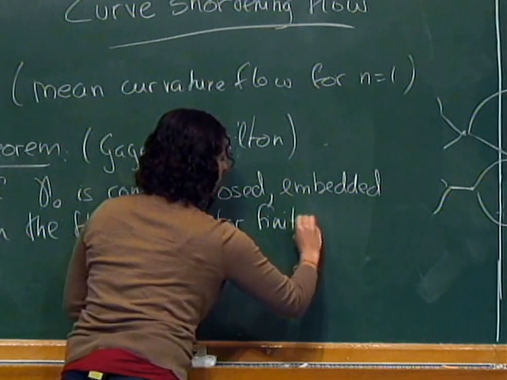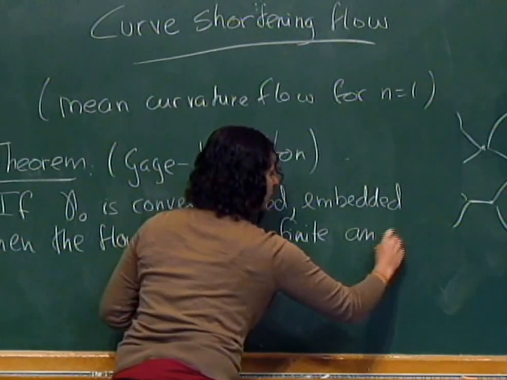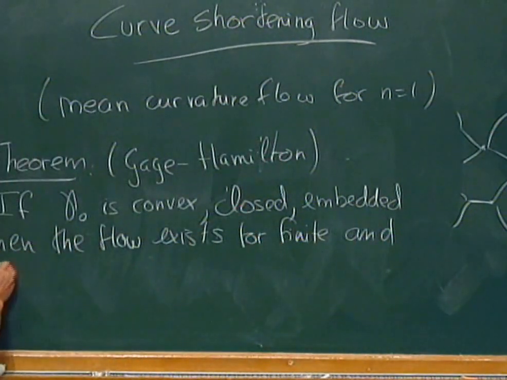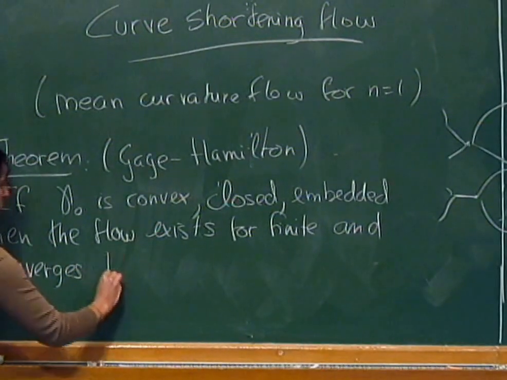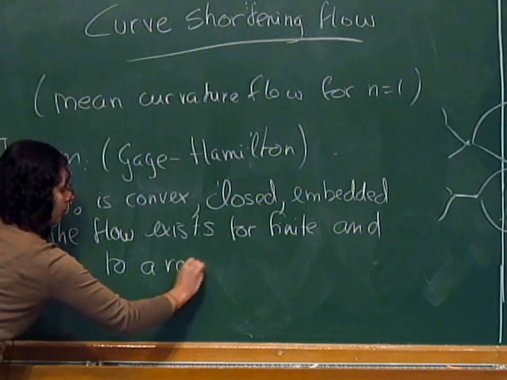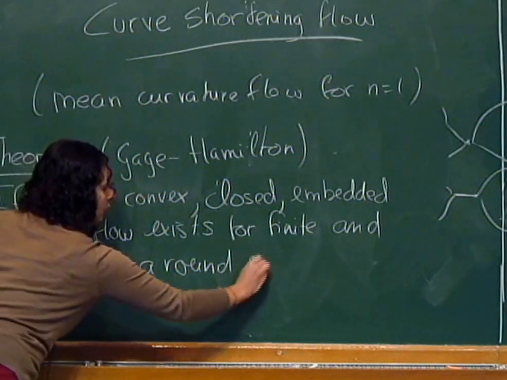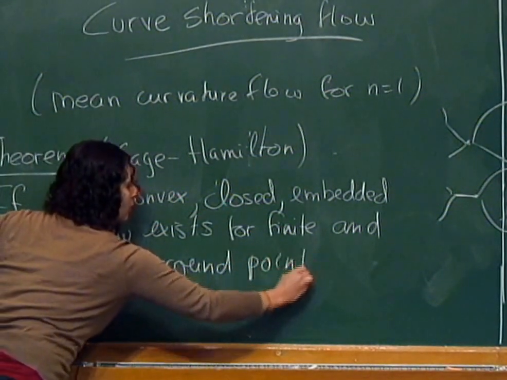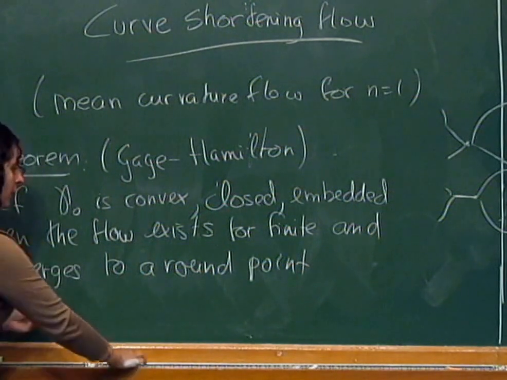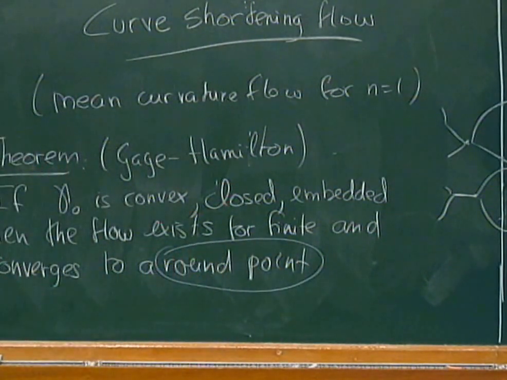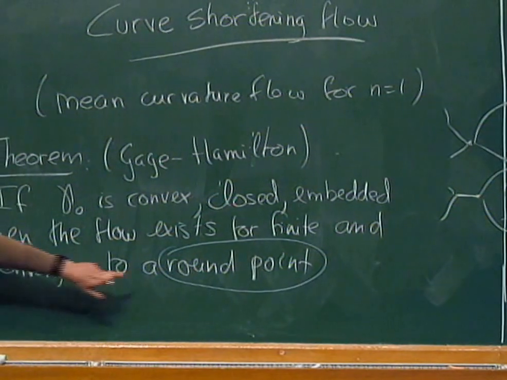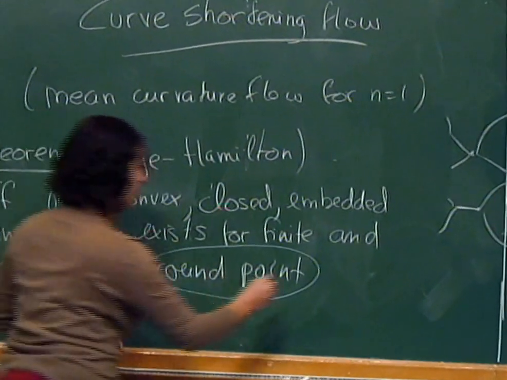For a finite time, and converges to a round point. So a round point means, so this statement here means that if I rescale the flow to have a fixed length, for instance, then it's going to converge to a circle.